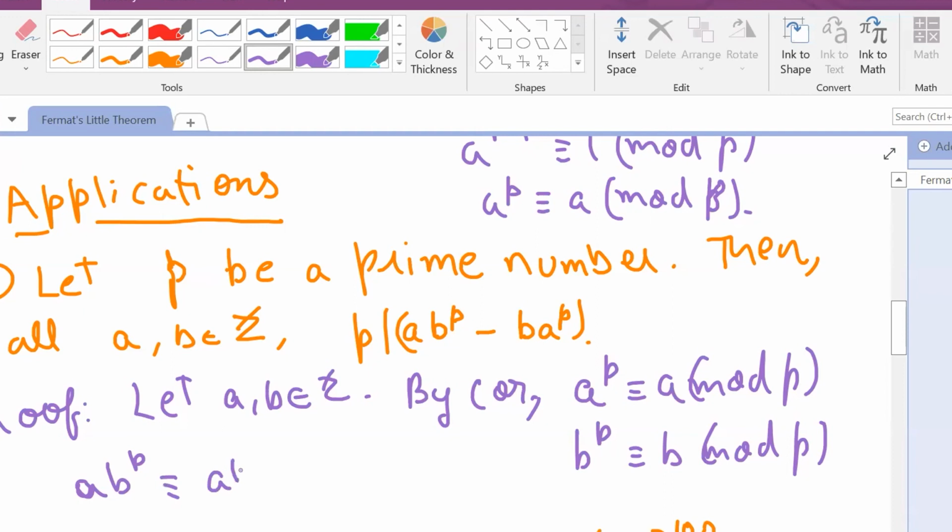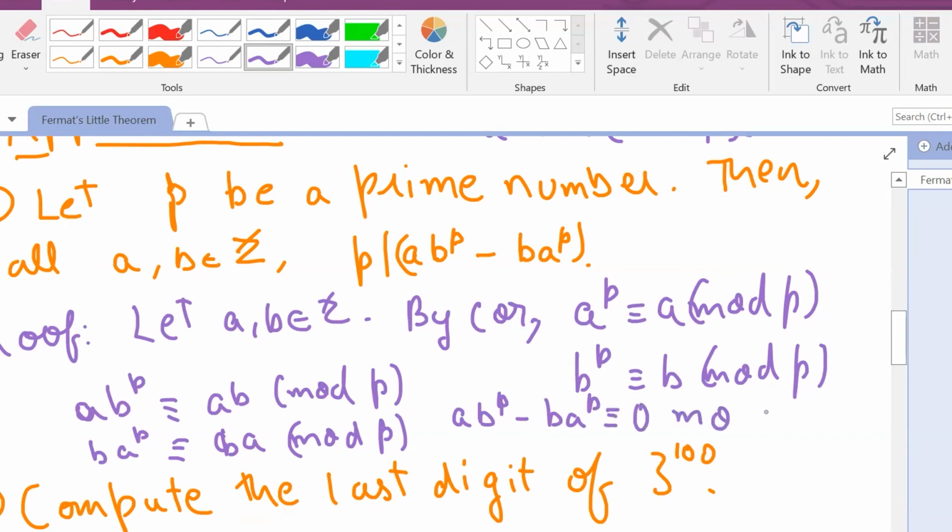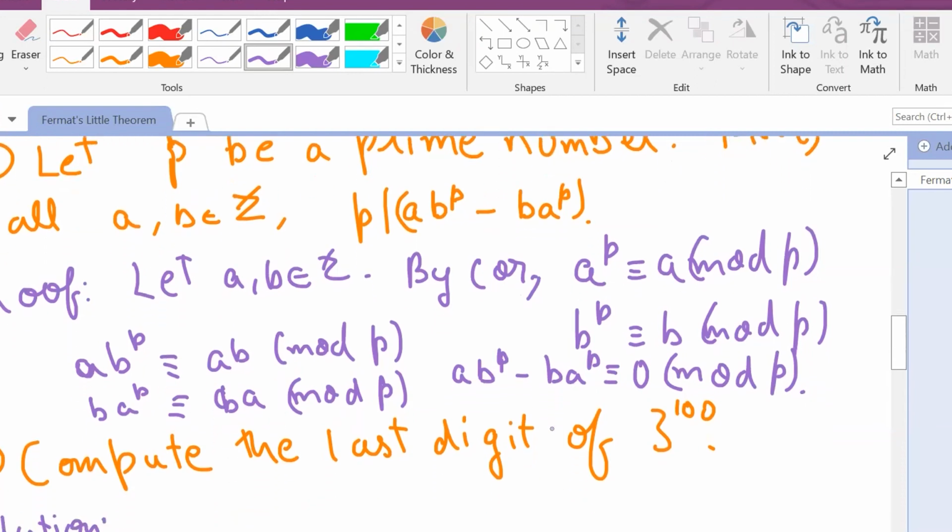Now, this is congruent to AB mod P. Similarly, BA to the P is congruent to BA mod P, which is the same as AB mod P. So, that difference, AB to the P minus BA to the P, is congruent to 0 mod P. Thus, P divides it. Am I correct? All right.